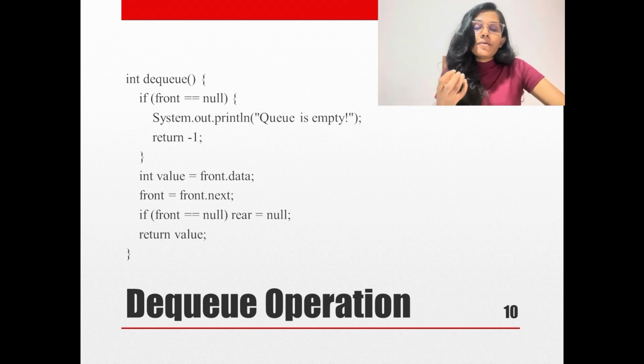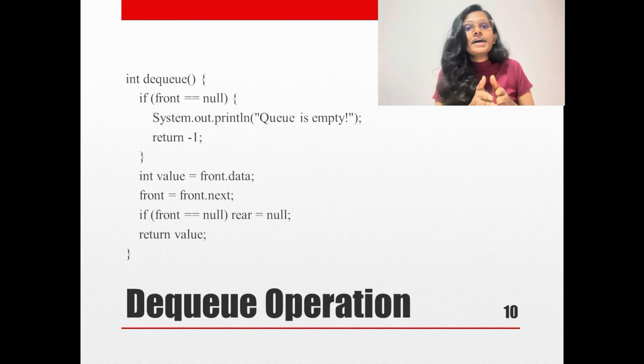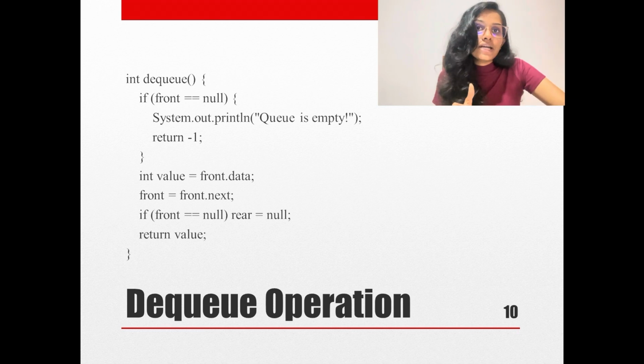Then we update front equals front.next, effectively removing the first node and pointing front to the next one. Again, we check if after removing, front becomes null. We also set rear equal to null, meaning the queue is completely empty now. Finally, we return the value that was removed.